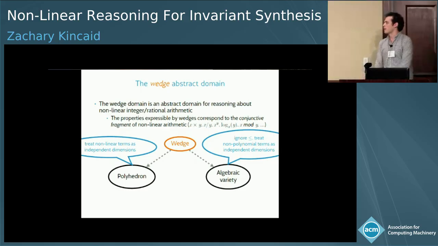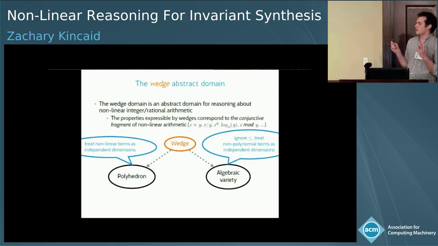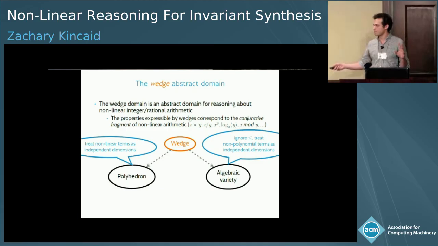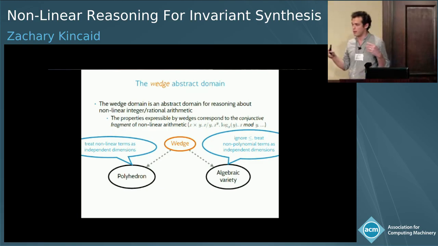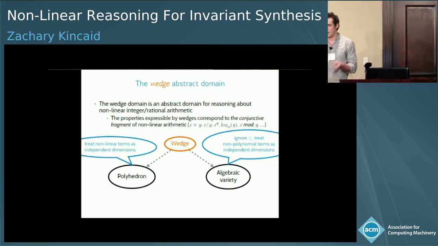All right, so the reasoning on wedges is really based on these two different views of a wedge. The first view is as a polyhedron. So we can think of a wedge as a polyhedron by just treating each nonlinear term that appears in an equation or an inequation as an independent dimension. So if we have an n squared, we'll just forget about the fact that that's actually a representation of n squared and just treat it like any other variable. The other view is to view the wedge as an algebraic variety, a system of polynomial equations.